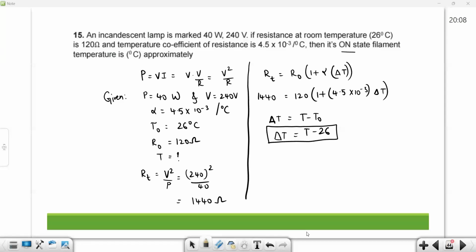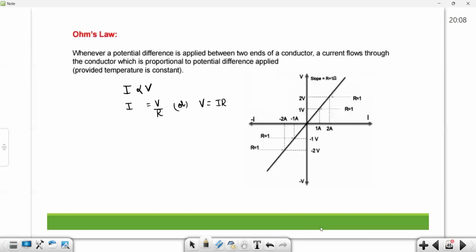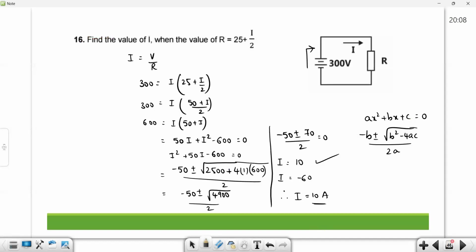Okay. Then the other one, how to find resistance, that also is found, or shall I explain that again? Is it clear? The other problem. Have we got the answer?